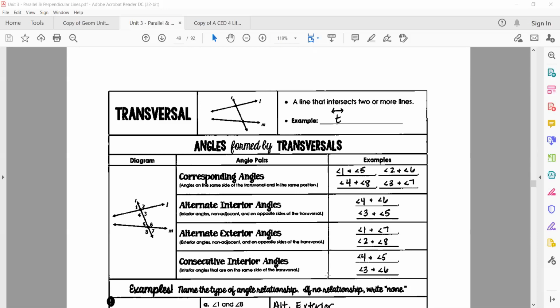You're going to use this for the rest of this term in geometry, especially once we start thinking about shapes that have parallel sides or are being cut through by other lines or other shapes. It creates a lot of these relationships: corresponding angles, alternate interior, alternate exterior, consecutive interior. Those are special definitions that you got to pay attention to.